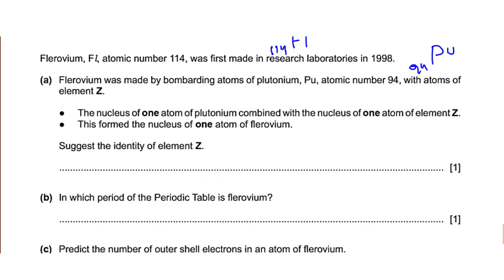It means Pu-94 is bombarded by an element Z, we don't know it right now, to produce flerovium Fl.